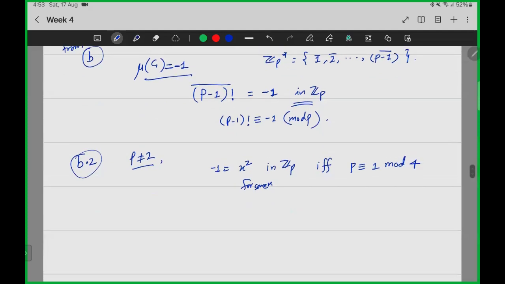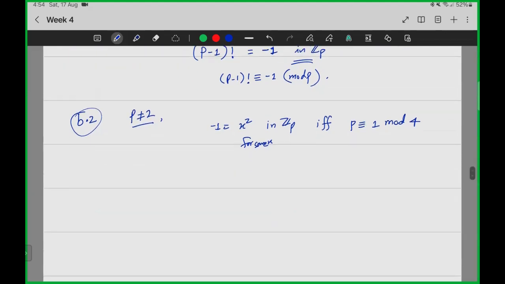So one side should be easy. Which side should be easy? If p is congruent to 1 mod 4. Okay, so let's do this. When p is congruent to 1 mod 4, then p minus 1 is divisible by 4, which is just 4 into some k.